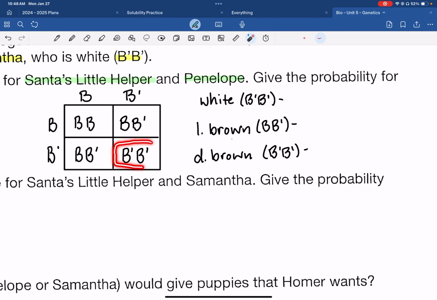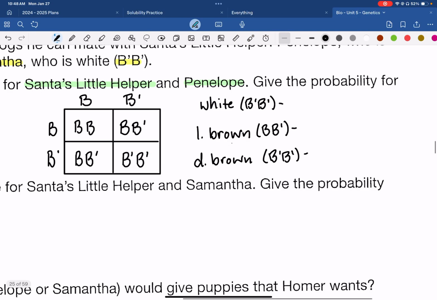If you said the bottom right one, you would be correct. Just one, so 1 out of 4, which is the same thing as 25%. There's a 25% chance that the offspring between Santa's Little Helper and Penelope will be white.